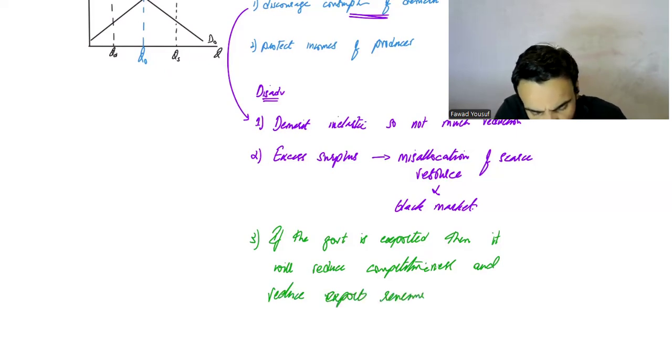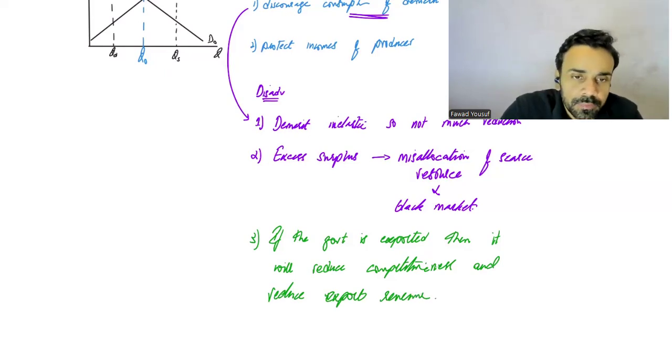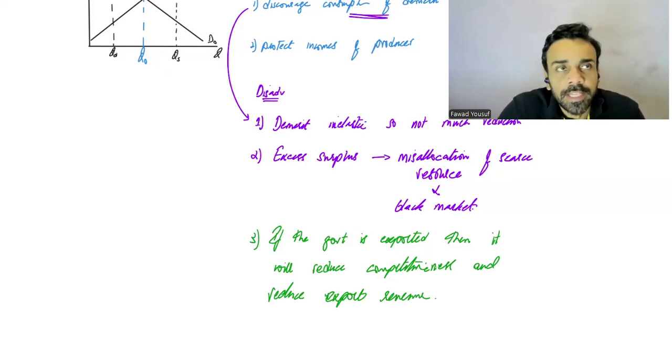All right. Whenever you use the word export or import, remember, there is no such thing as export and import when you're writing. There is export price, there is export quantity, there is export volume, there is export revenue, there is import price, there's import expenditure, there's import volume, but there is no such thing as import and export.